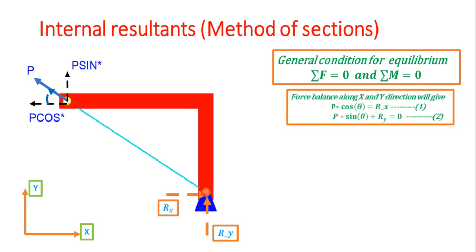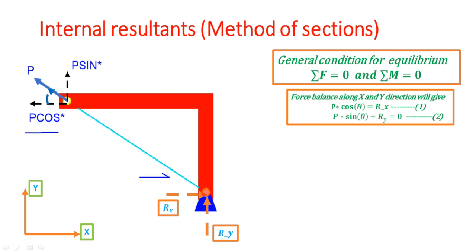First, when you do the force balance, P cos theta acts in this direction, and Rx acts in this direction from what we have assumed. If in the end you get the answer in negative form, that means whatever direction you have assumed is incorrect and we'll just reverse it.